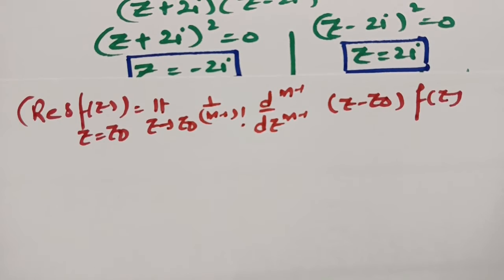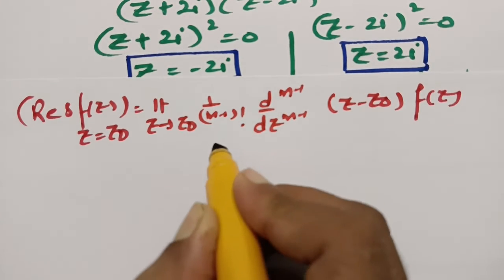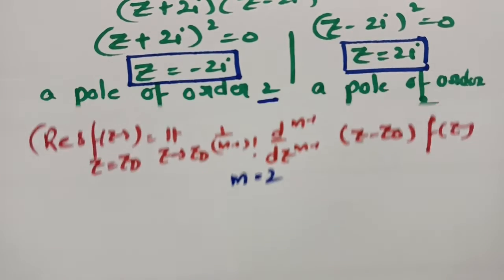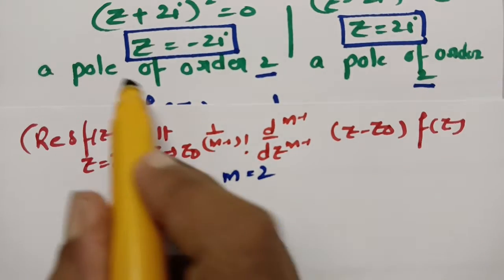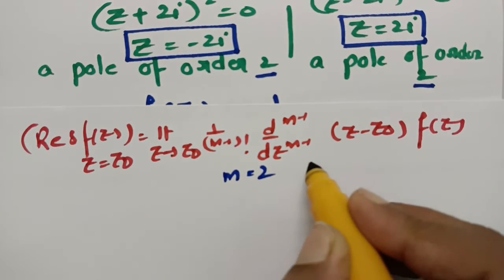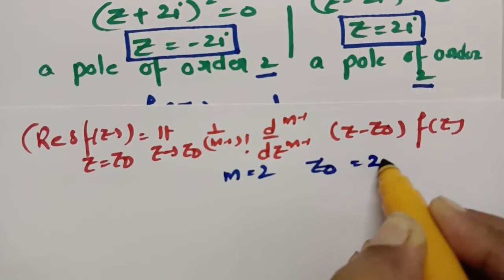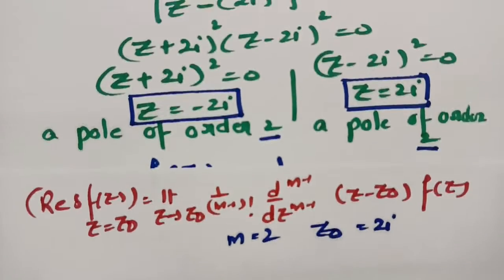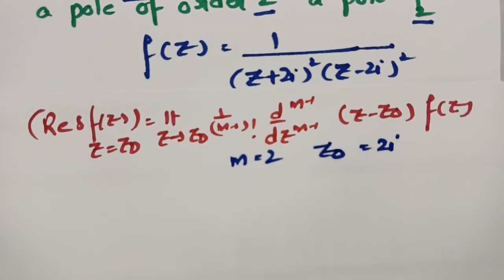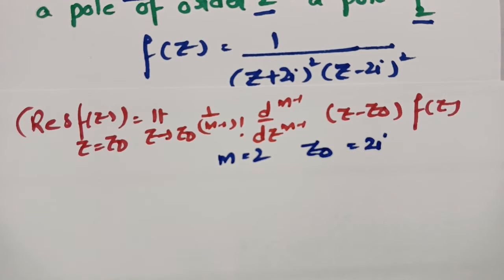Here m is the order of the pole, which is equal to 2. So the pole order is 2, and z naught is equal to 2i. The f(z) value is also very clear here.